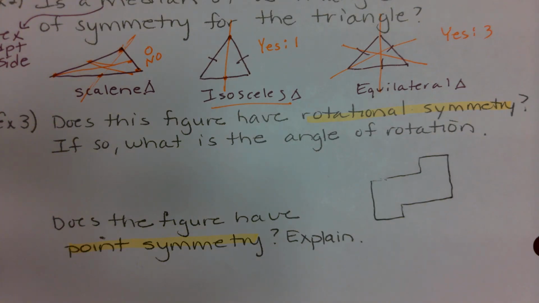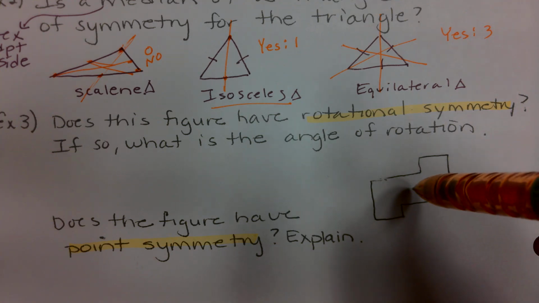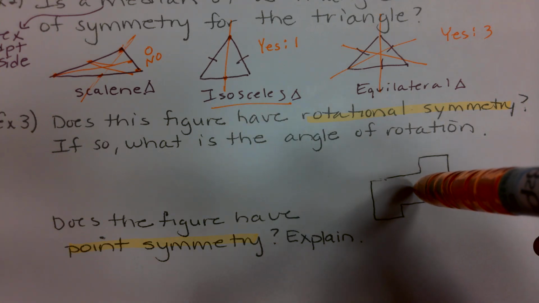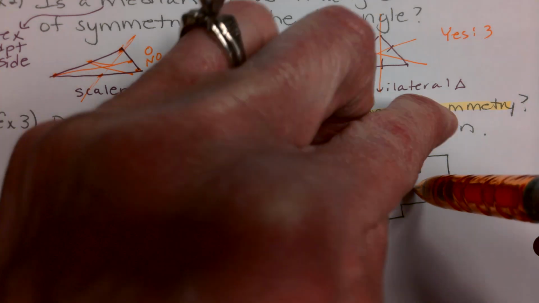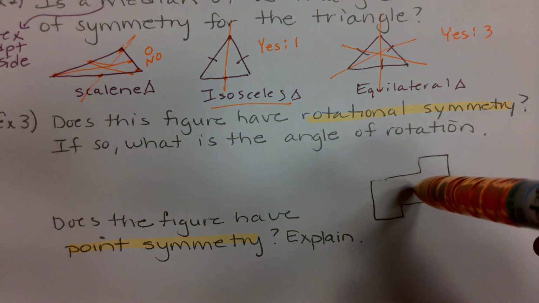Is there a point that you can see where you could put your pen? Because now we're rotating. We don't need a line, we need a point. So for example, if I just put my pen straight down right in the middle, do you see how I could rotate that figure? If I could literally spin it, it would land right on top of the other side.